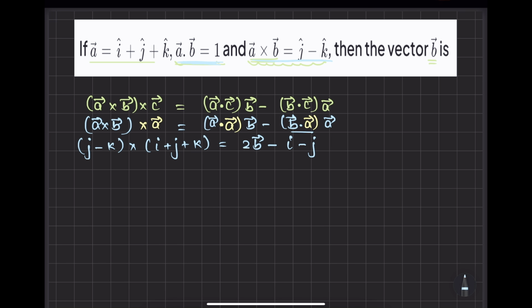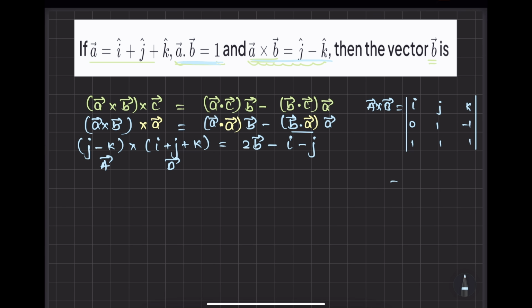Now we need to solve this cross product to get the final result done. So suppose this is vector A, this is vector B. So can I write A cross B as the determinant of i, j, k, 1, 1, 1, 0, 1, minus 1?